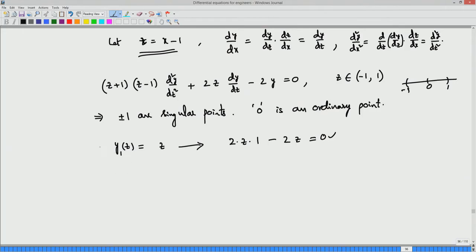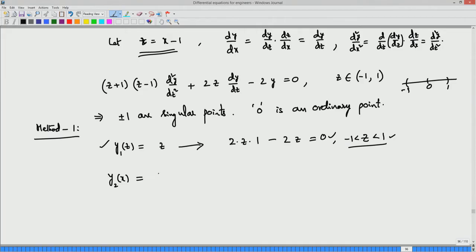If this is one solution, what is your other solution by the Abel's formula? So, method 1 is this. Here y1 is z, and z is between minus 1 and 1. Within this you have the solution.